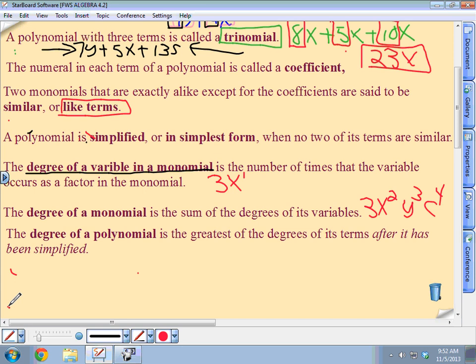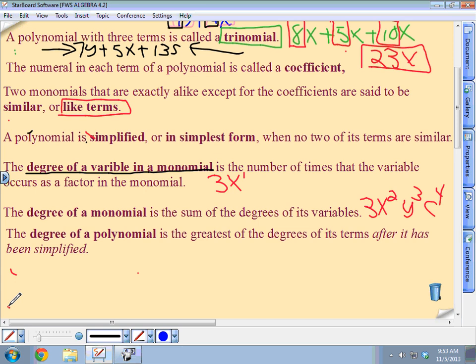All right. Finally, the degree of a polynomial is the greatest of the degrees of its terms after it has been simplified. All right. So, Nathan, I don't think I've called on you today. Give me a polynomial. And make it interesting for me. Try to impress me.